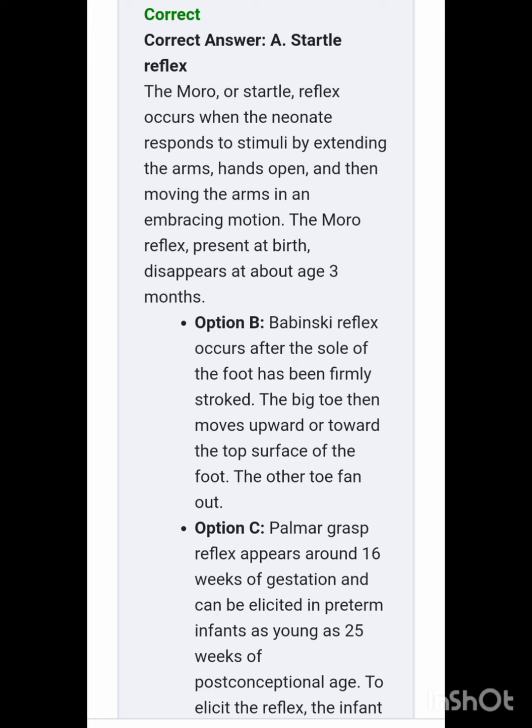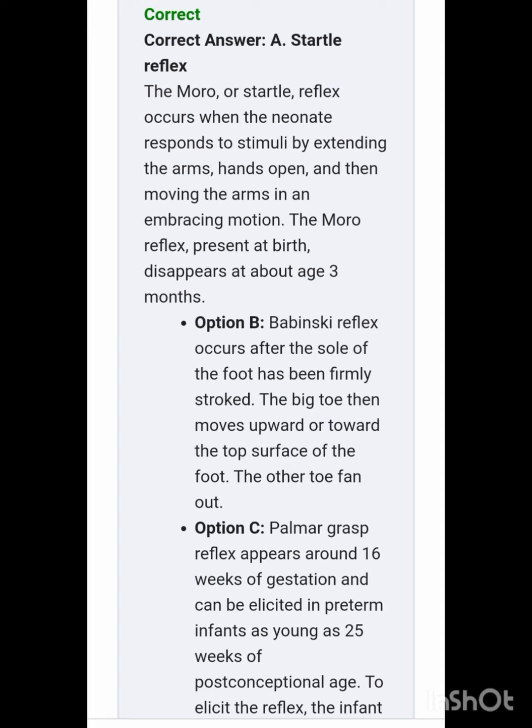Did you observe that if we take the newborn baby suddenly out of any place, they will show the startle reflex? Option B, Babinski reflex, occurs after the sole of the foot has been firmly stroked.